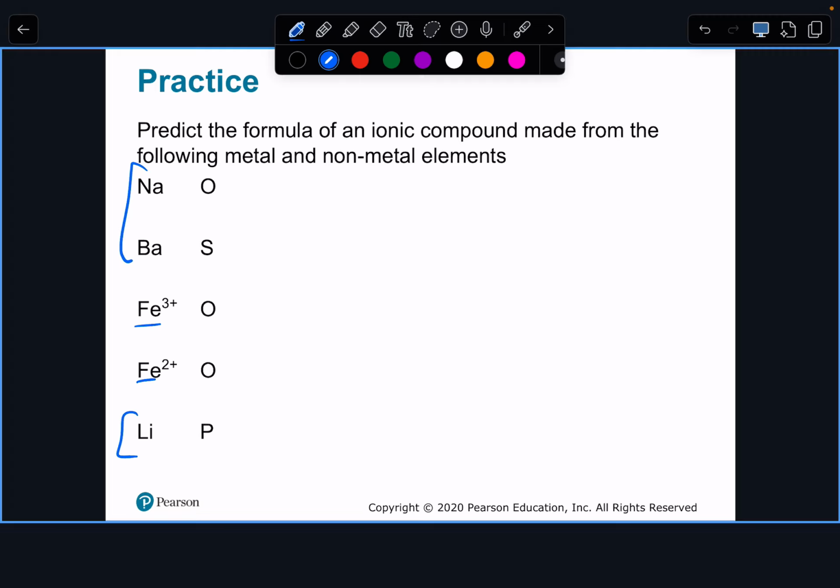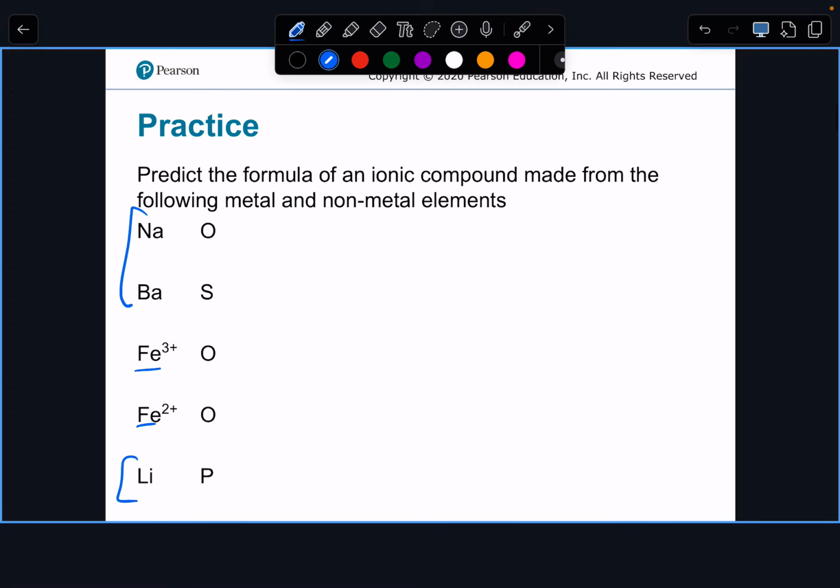Okay, so try to predict the formula based on charges if you had an ionic compound form between these two things. Maybe I'll write a couple how-to steps if you're lost.